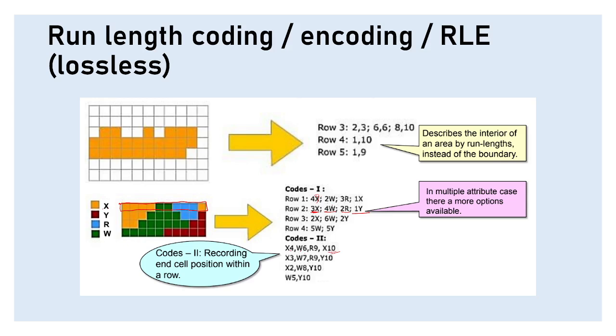Because in the first case we were doing it based on the number of cells, while in the second case we were doing it based on the end cell position. Is that clear? Okay. If any query is there, you can put it in the chat also. I think it is clear.